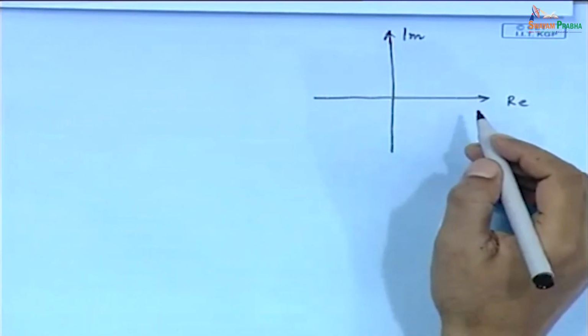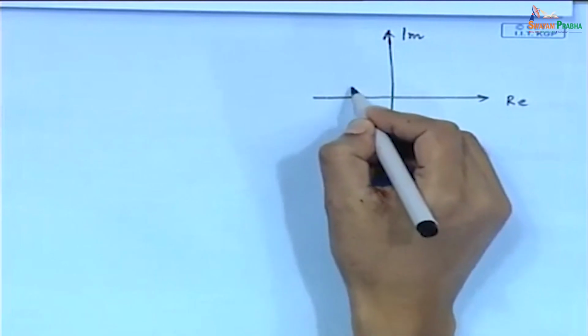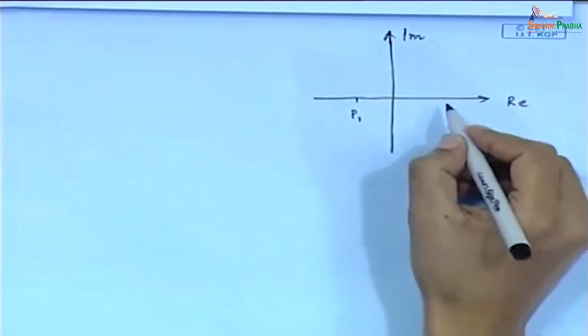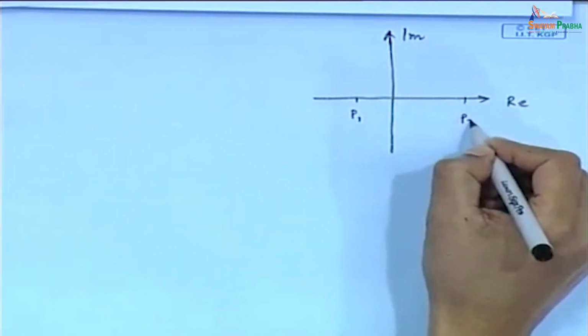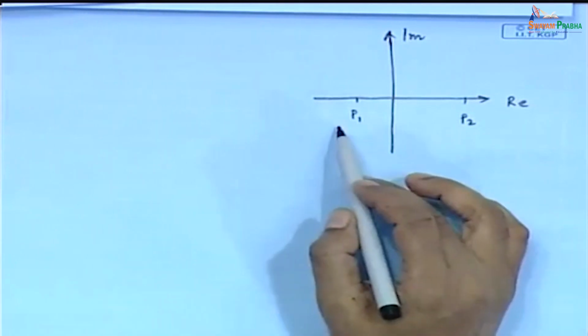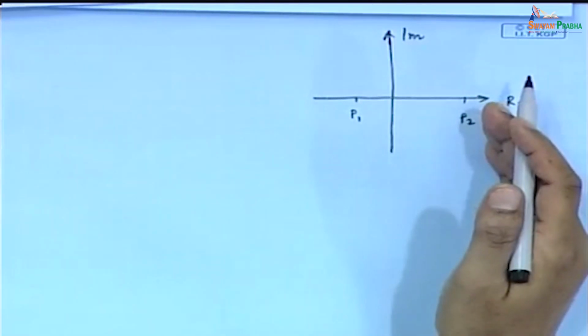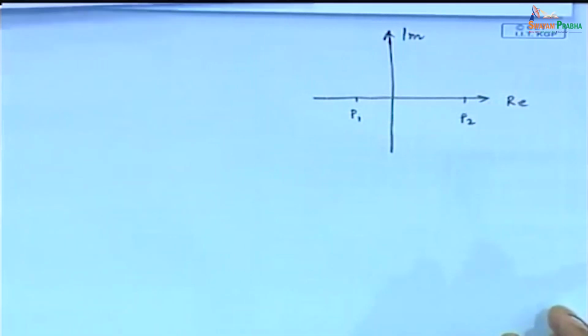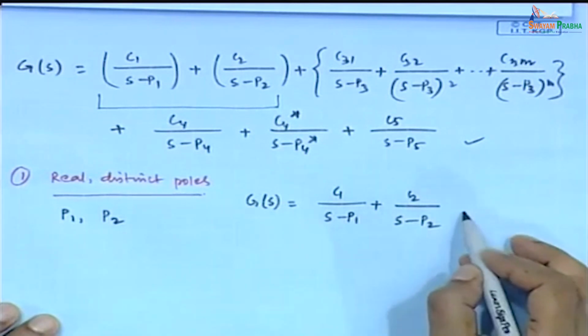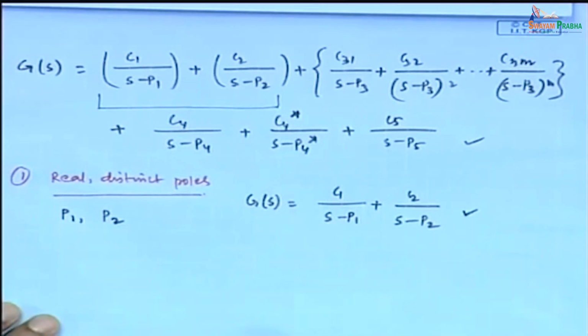One pole we will consider on the left hand side of this imaginary axis, another pole on the right hand side. One pole P1 is in the left of the imaginary axis and another pole P2 is in the right, and the transfer function is represented by this equation, G(s) equals C1 by (s minus P1) plus C2 by (s minus P2).